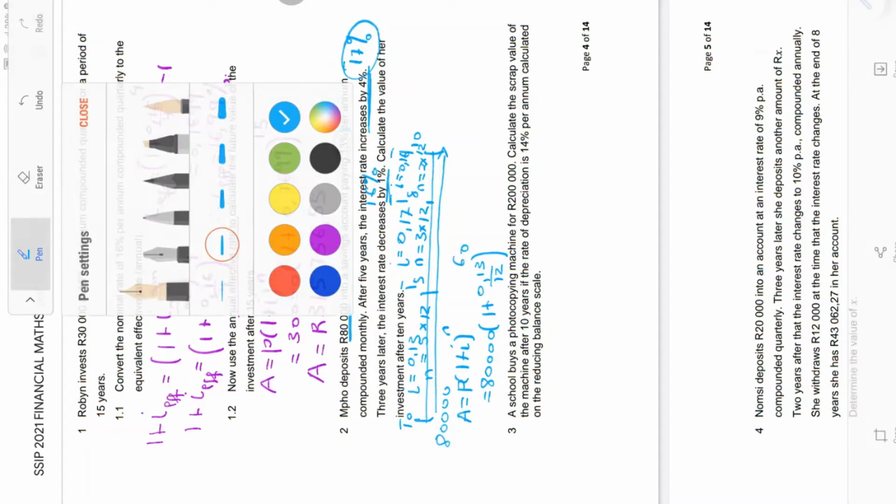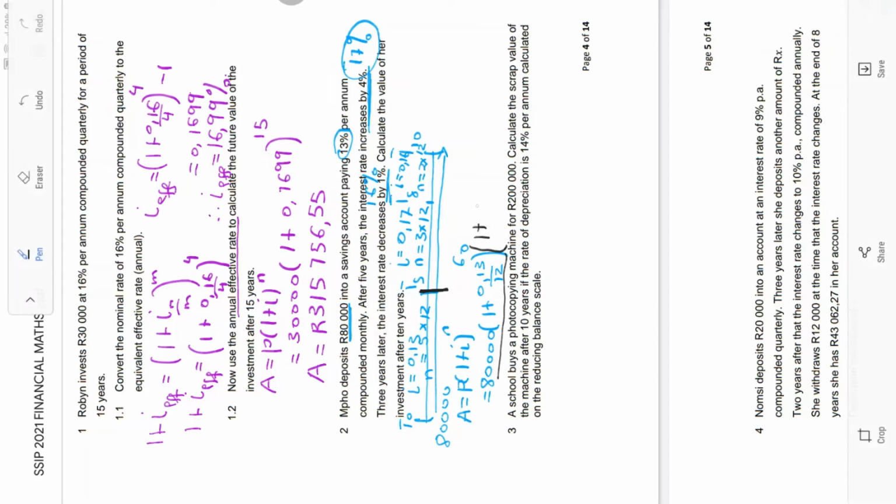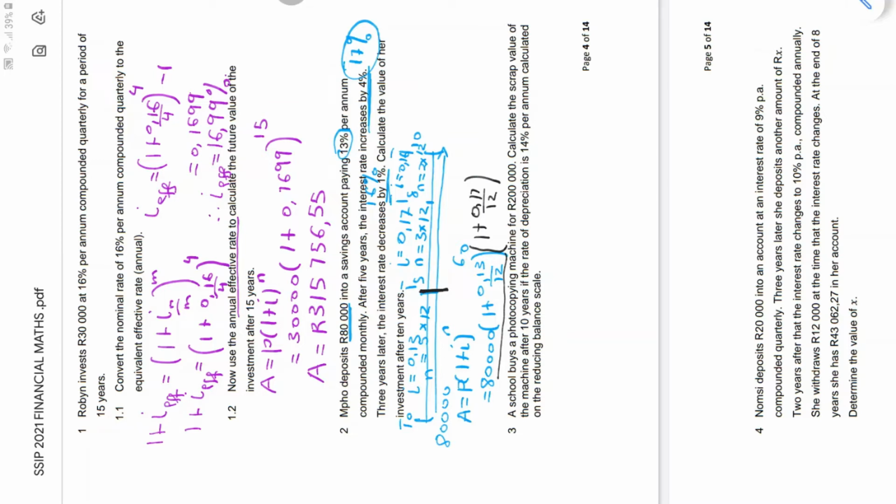So with the 60 months, that means we are now at T5. So now at T5, the original amount we have just calculated acts as our new value of P for the next period of 3 years, when the interest is 17% compounded monthly. So 3 times 12 gives us 36.